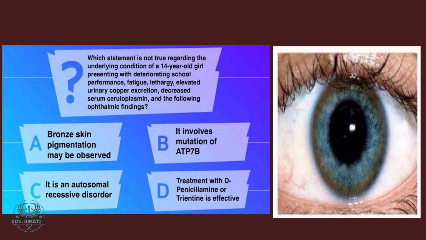Option B, it involves mutation of ATP7B gene. Option C, it is an autosomal recessive disorder. Or option D, treatment with D-penicillamine or trientine is effective. So which option is correct according to you? Yes, option A, bronze skin pigmentation may be observed, is the correct answer for this question.